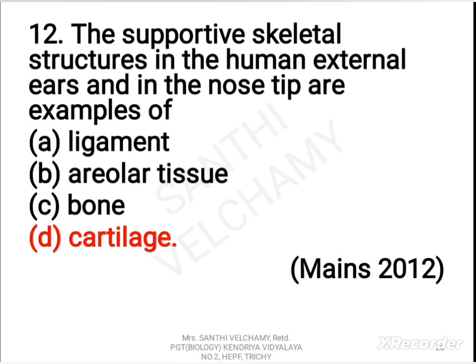Here the cartilage is a semi-rigid supportive or skeletal connective tissue in which the matrix is solid and is made up of mucoprotein and proteoglycan called chondrin. It is of 4 types: hyaline, fibrous, calcified and elastic.